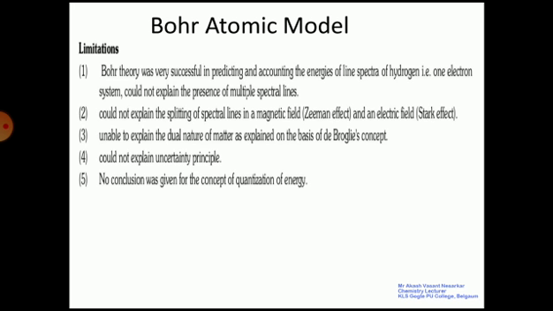Third one, unable to explain the dual nature of matter as explained on the basis of de Broglie concept. The fourth one, it also could not explain the uncertainty principle, that is Heisenberg uncertainty principle. And fifth one, no conclusion was given for the concept of quantization of energy, how the energy is quantized. So no proof is given by the Bohr theory. Okay, so these are the limitations of Bohr's atomic model, you have to remember.